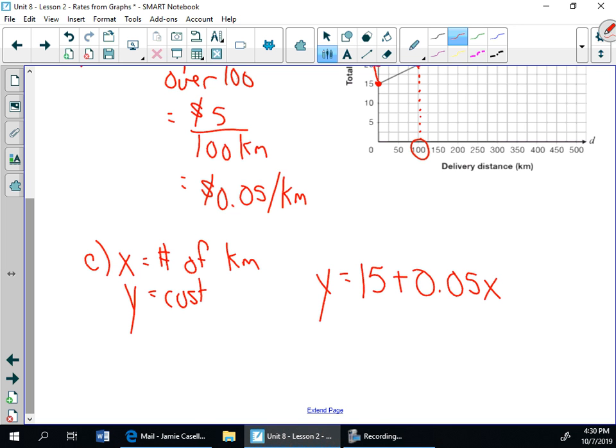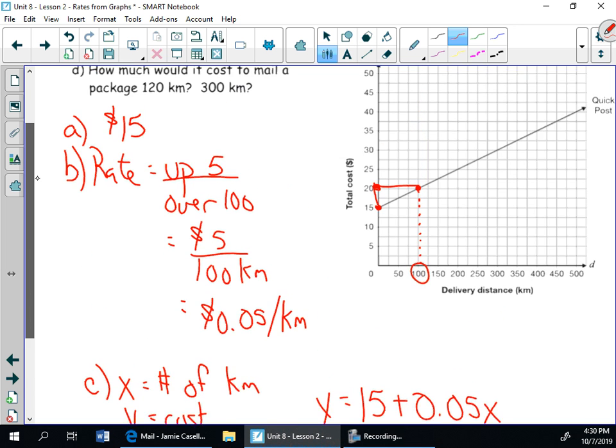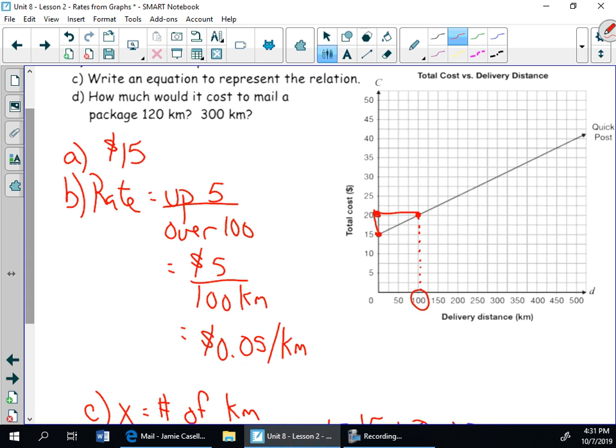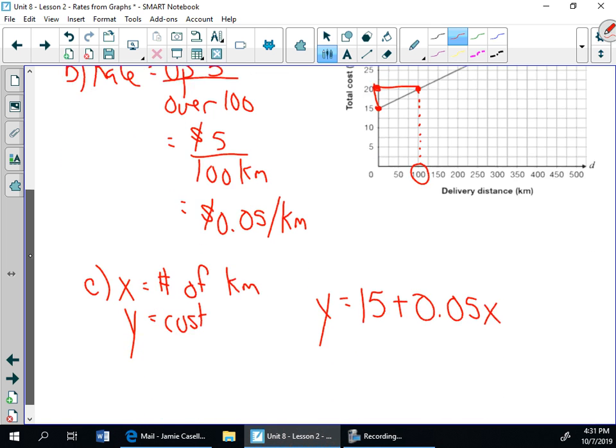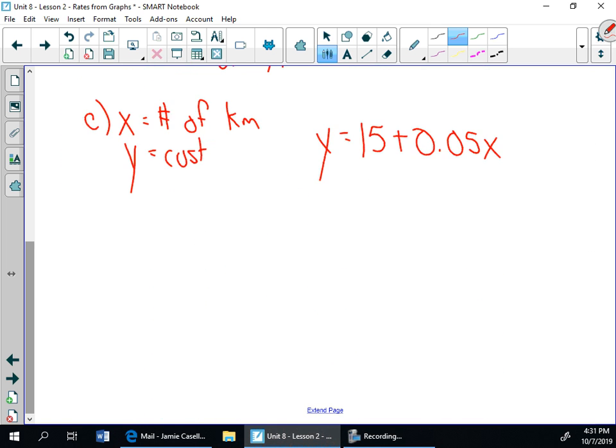I don't know how many kilometers, I need an x in there. Oh, part D, how much would it cost to mail a package 120 kilometers? Well, I know how I can do that now. I can take my equation, but instead of writing the letter x in there, I know how many kilometers, specifically 120.